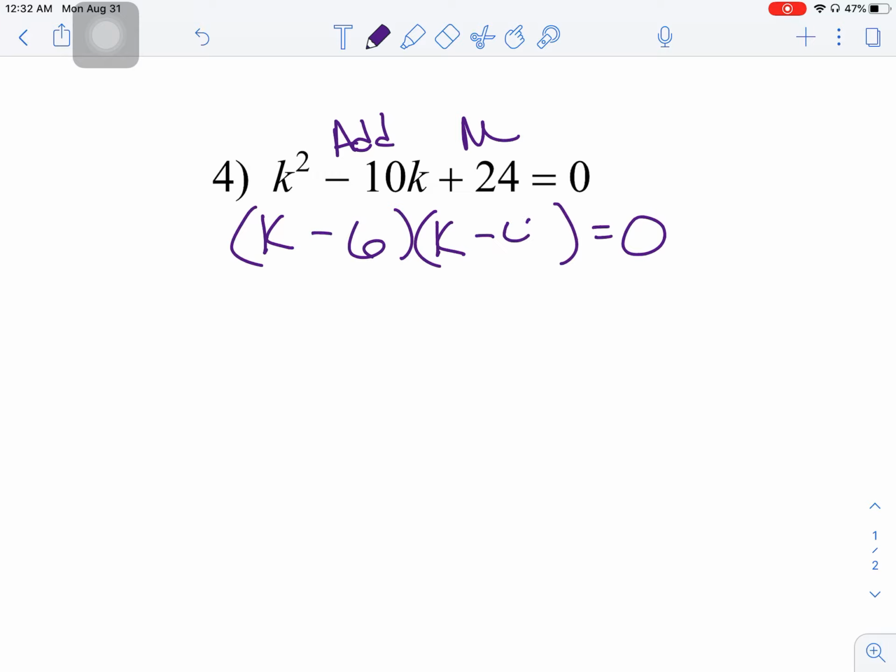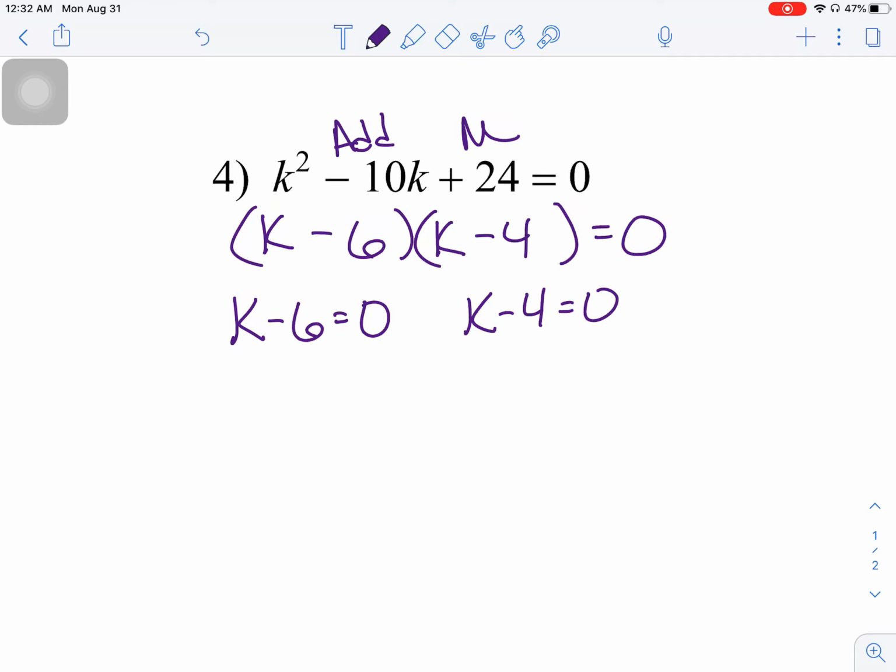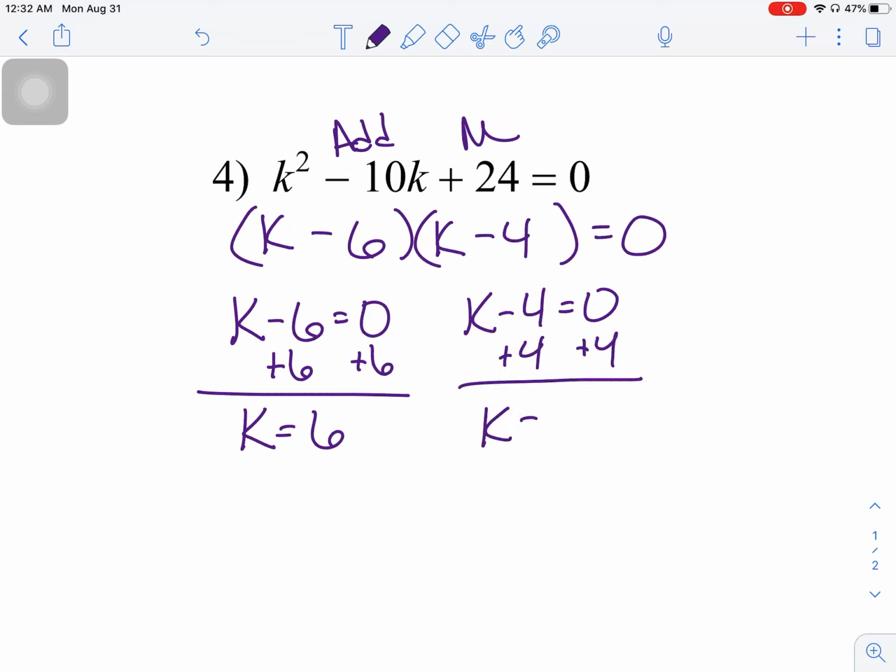Negative 6 and negative 4. Negative 6 times negative 4 is positive 24. Negative 6 minus 4 is negative 10. Take each factor, set it equal to 0, and solve. So k is equal to 6, and k is equal to 4.